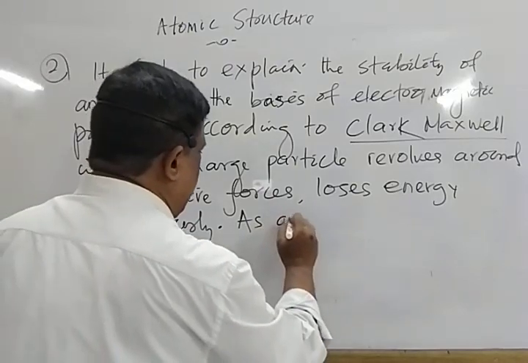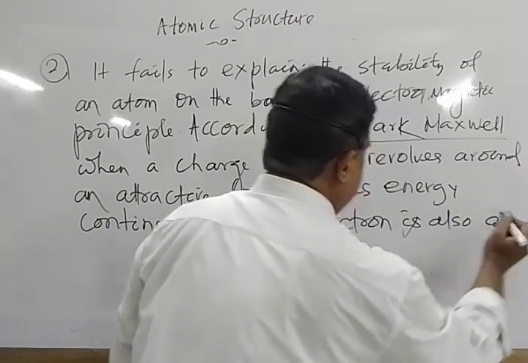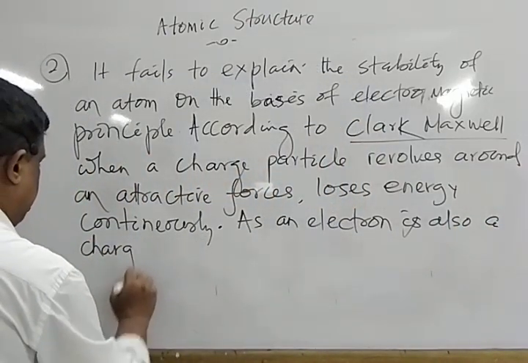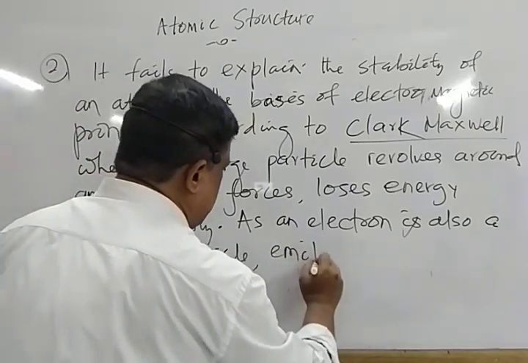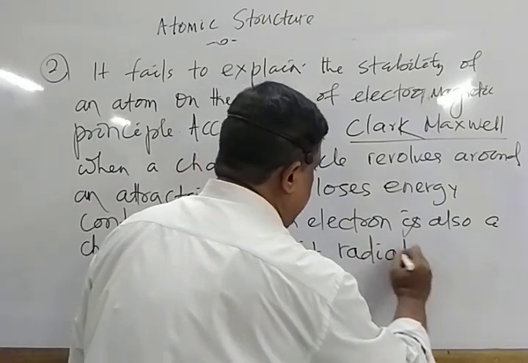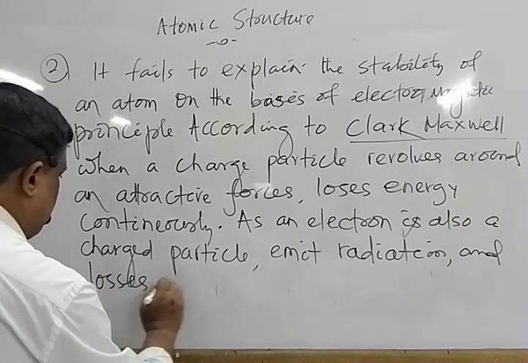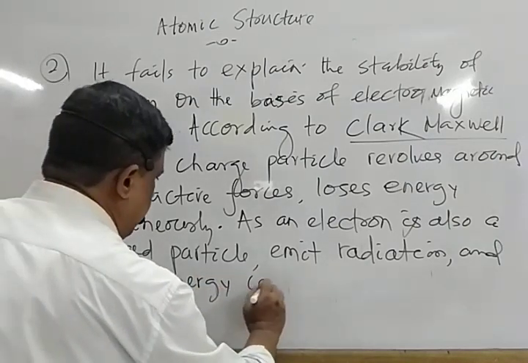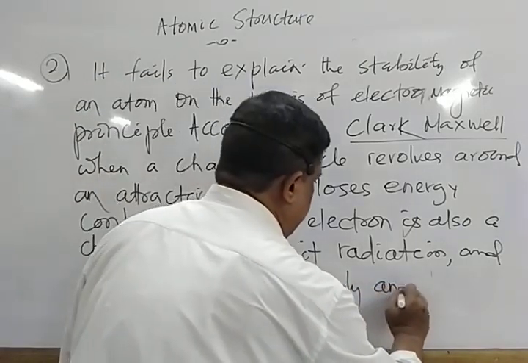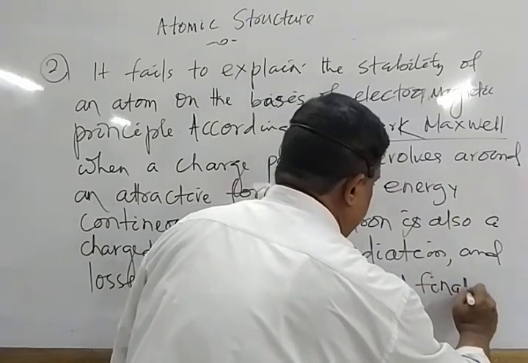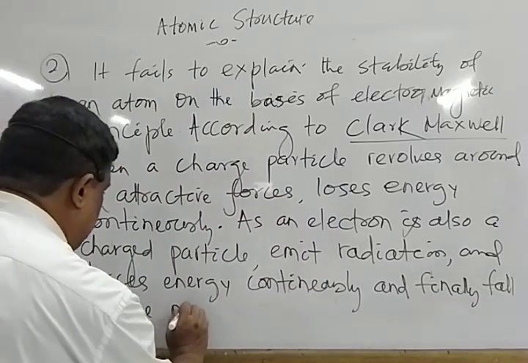As an electron is also a charged particle, it emits radiation and loses energy continuously, and finally falls on the nucleus.